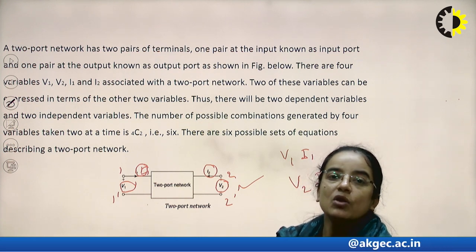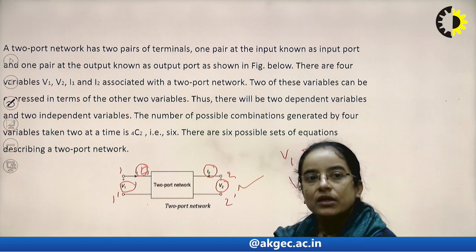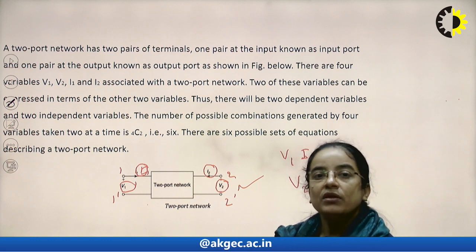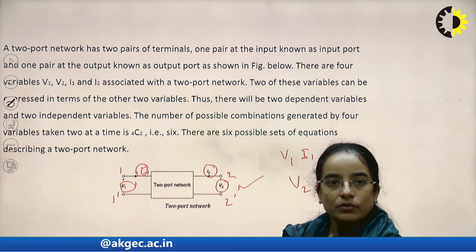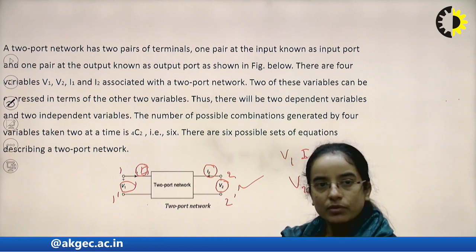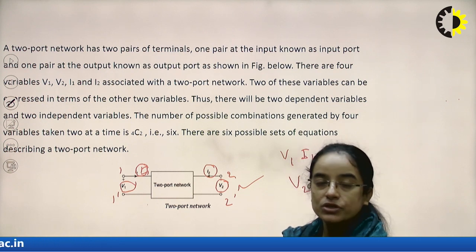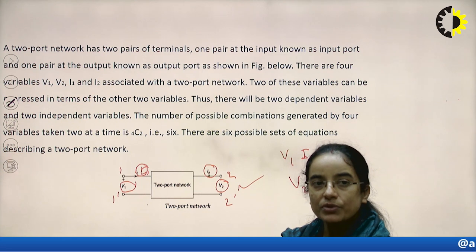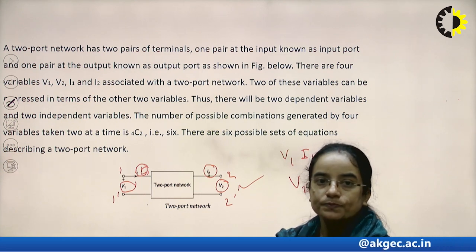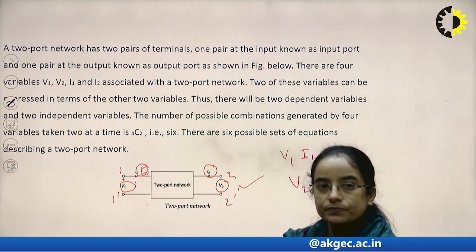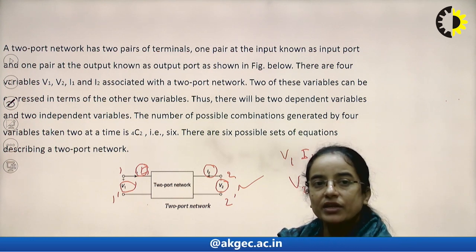The number of possible combinations generated by four variables: there will be various combinations of two variables, and that can be given by 4C2. By the law of permutation and combination, we take two variables out of 4, because 4 is the total number of variables and we are taking two at a time.